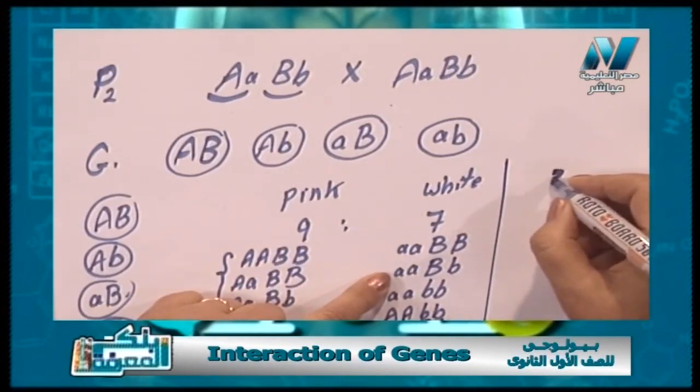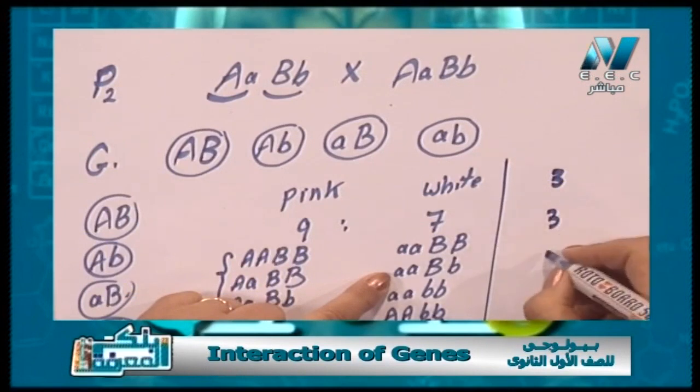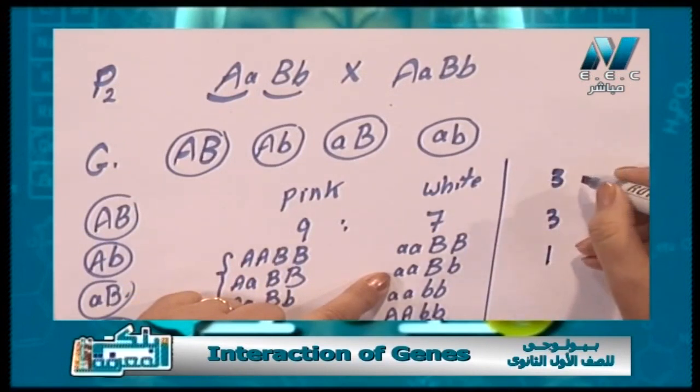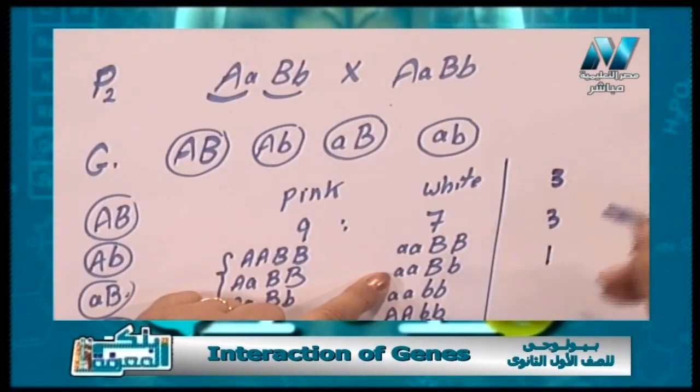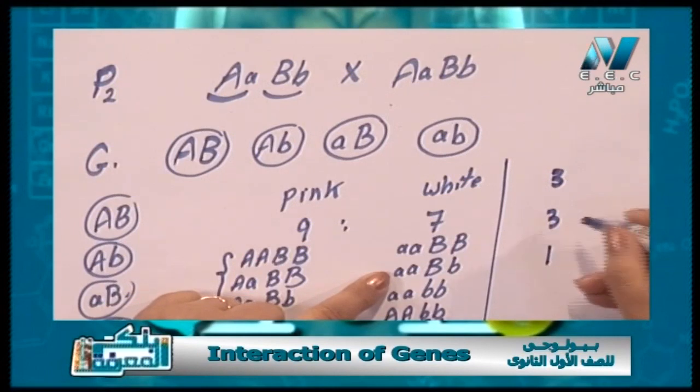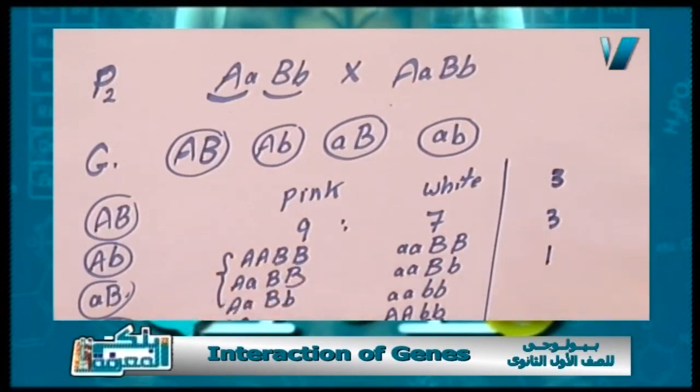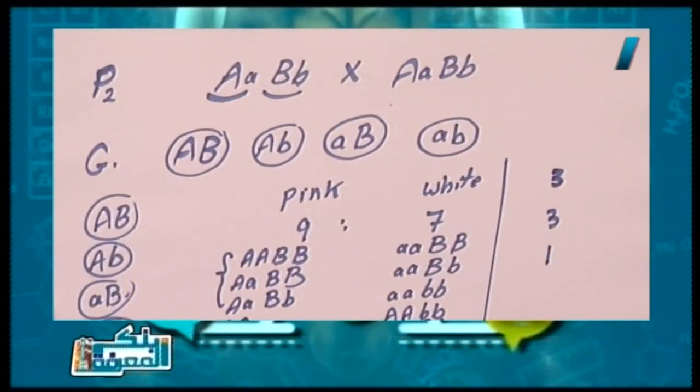And we said that the 9:3:3:1 ratio means the first pair is dominant and the second is recessive, or the first pair is recessive and the second one is dominant, or both are recessive genes. So my dear students, we have to make a comparison between the complementary genes and Mendel's second law, that is the law of independent assortment, and of course we will discuss it later.